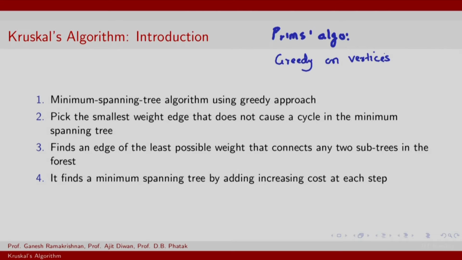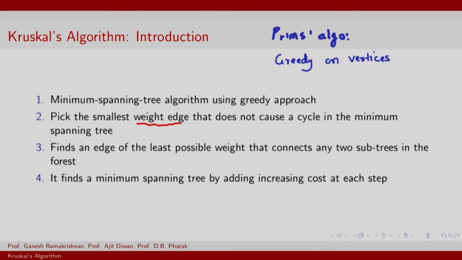The key based on which you pick the next vertex is the minimum weight of an edge incident on that vertex to a node or a vertex which is already a part of the existing minimum spanning tree. So that is how you greedily grow. Here you pick an edge that does not cause a cycle in the minimum spanning tree. So it is an edge selection rather than vertex selection strategy. However, both of these strategies are based on edge weights.